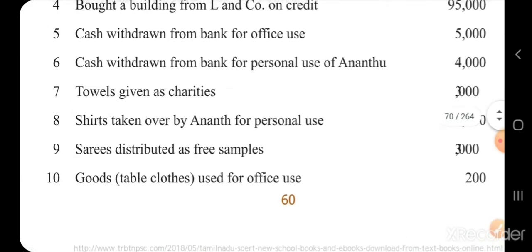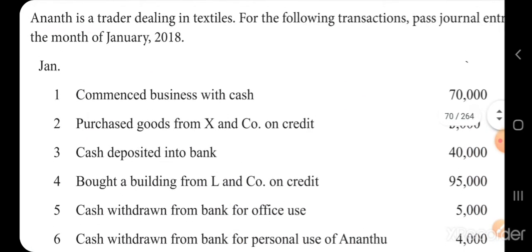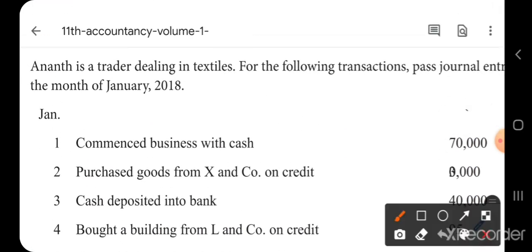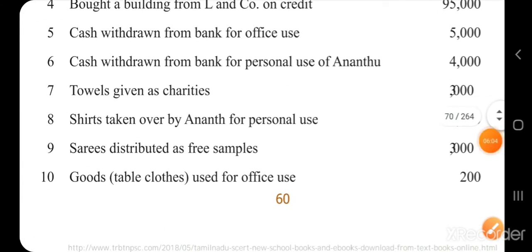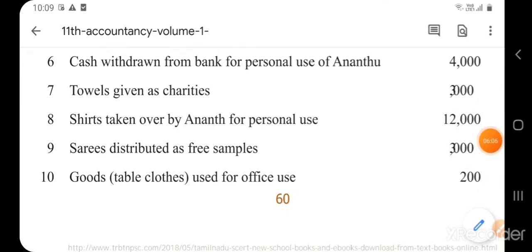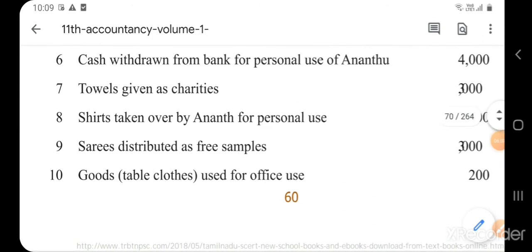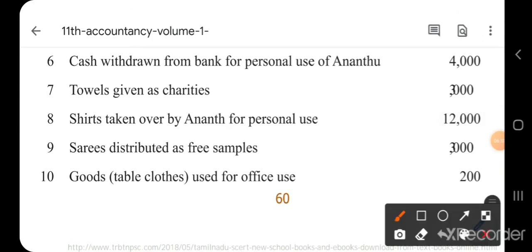Okay. Now see the next transaction, date 7. I told you in the beginning, Anand is a trader dealing in textiles. Okay. Now, towels given as charity.